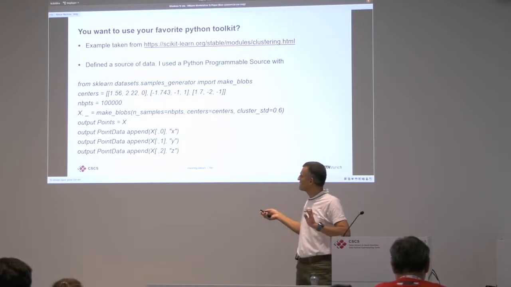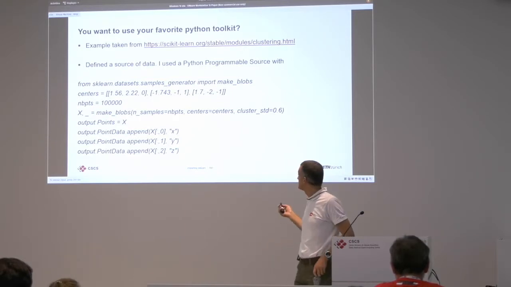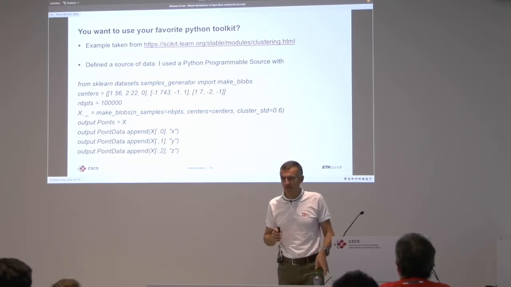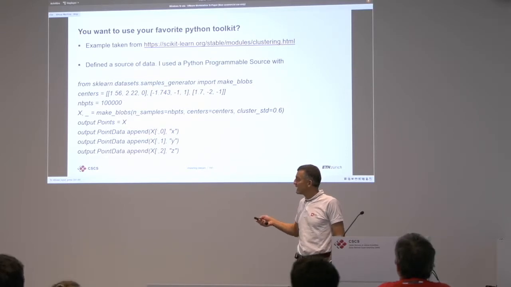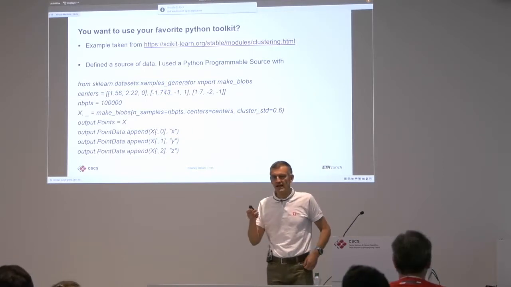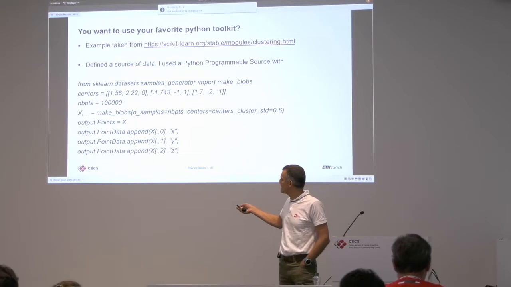So that's basically how it is. The Python programmable source should not be too intimidating. There are predefined words, output. Input is another predefined word. Actually, it's inputs with an S because there can be multiple inputs.